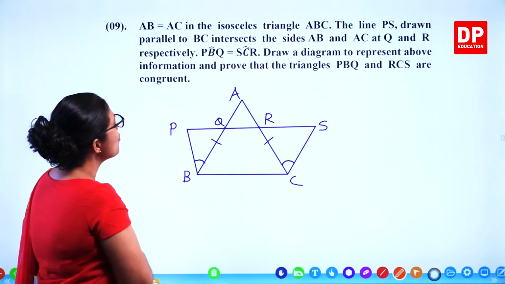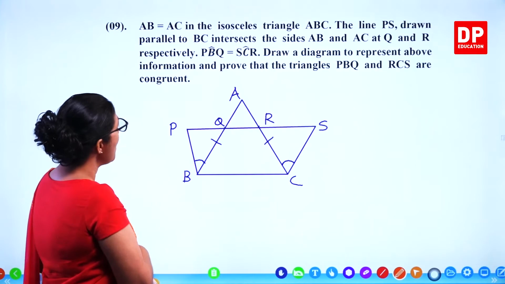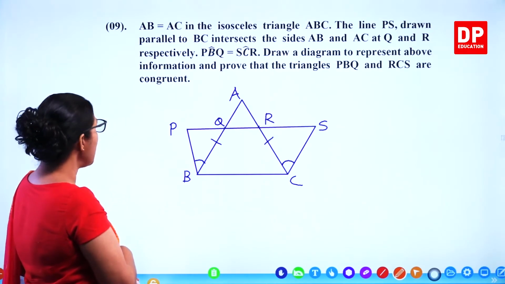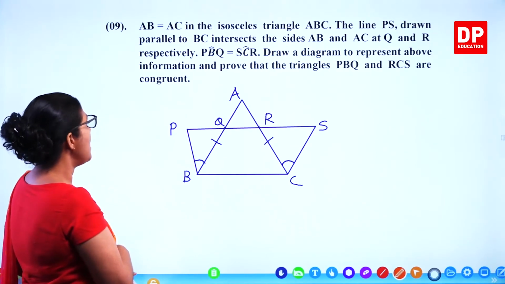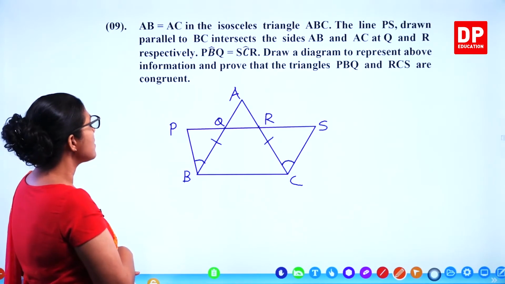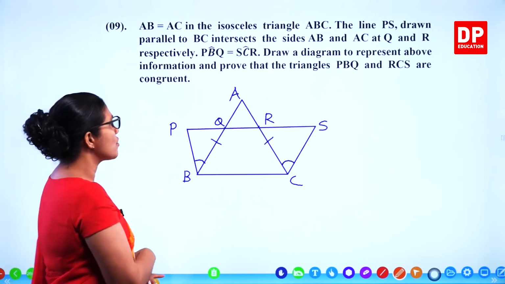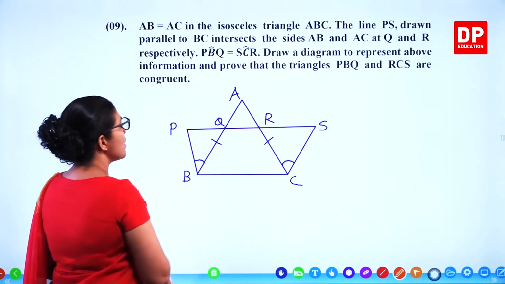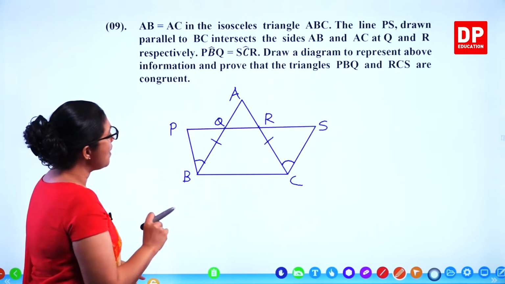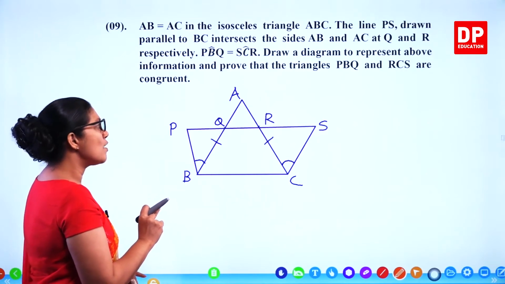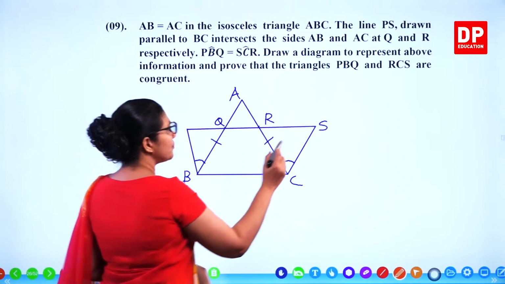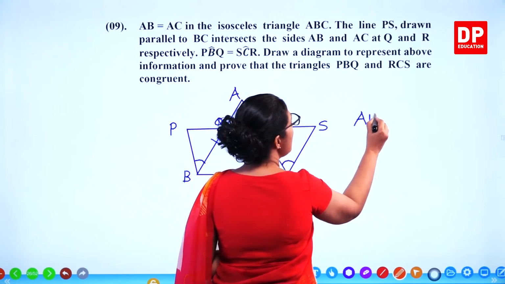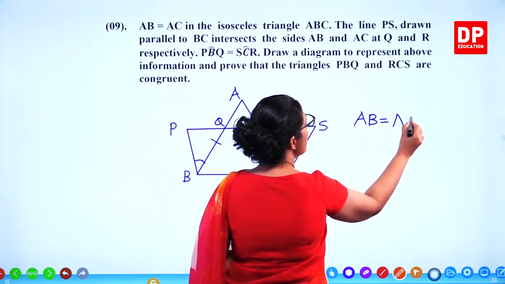Draw a diagram to represent above information and prove that the triangles PBQ and RCS are congruent. So we have to show that these two triangles are congruent. But we know in ABC triangle, AB is equal to AC, that's given.